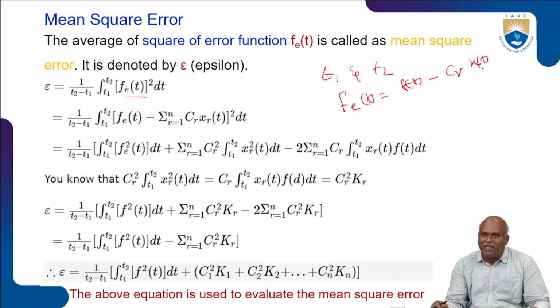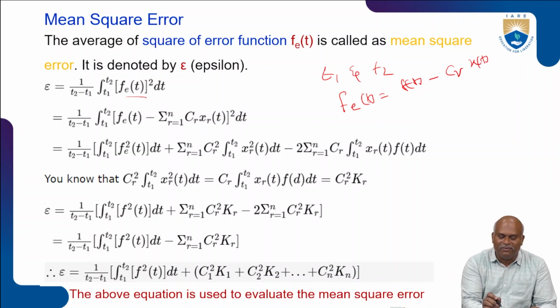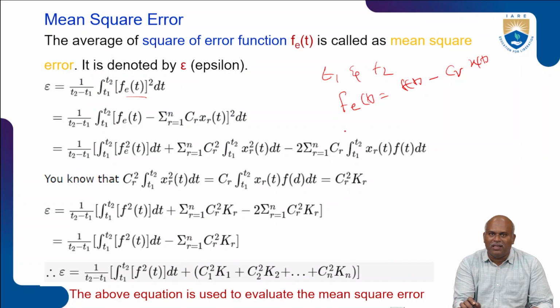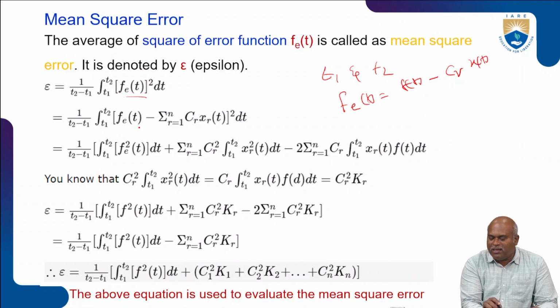So we may apply this for f_e(t). Now epsilon is equal to 1 by (t2 minus t1) integration from t1 to t2 of f_e(t) squared dt as the mean square error, and we apply it here. Then 1 by (t2 minus t1) integration from t1 to t2 of [f(t) minus summation of r equal to 1 to n c_r x_r(t)] whole squared dt.